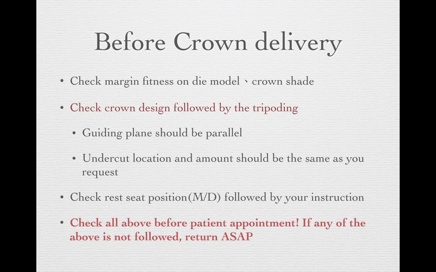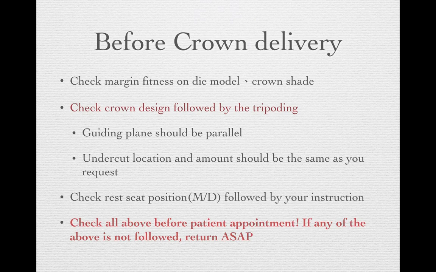For example, if you do a crown on tooth number 4 and you ask for a mesial buccal undercut of 0.1 inch, then you should be able to find it on the surveyor. If not, that means the survey crown is not really followed by your design. And the last is to be sure that the rest seat positions really followed your instructions.